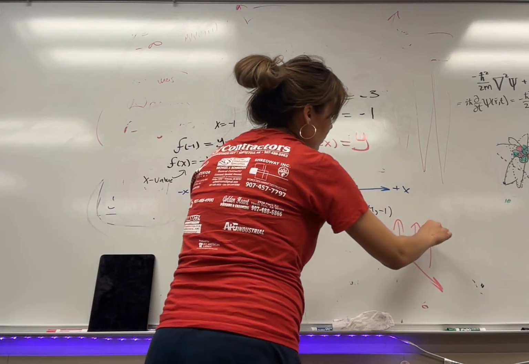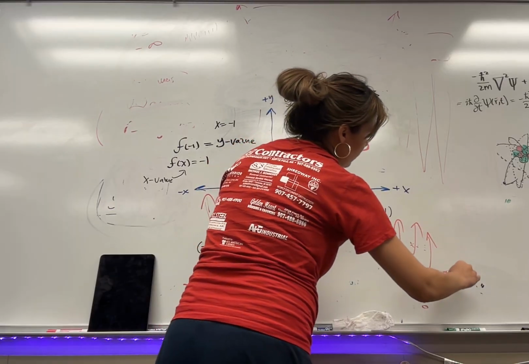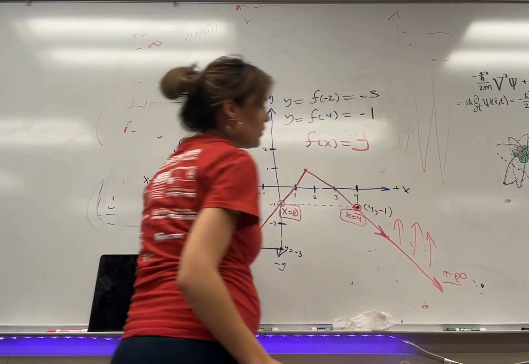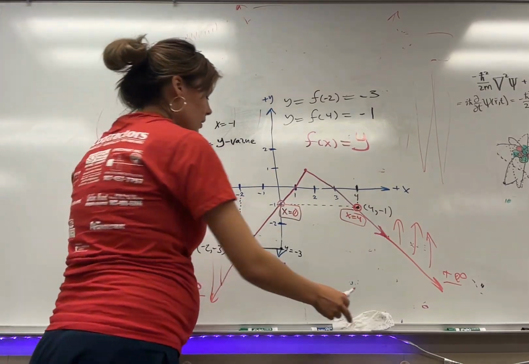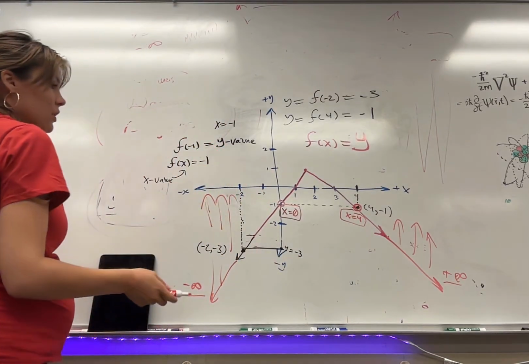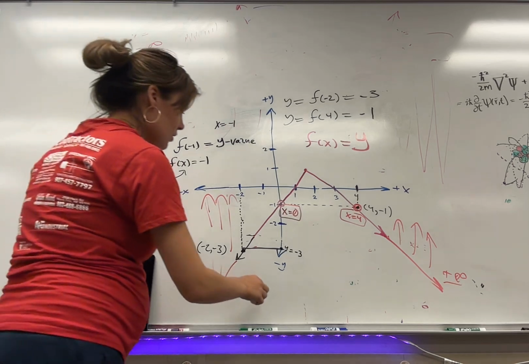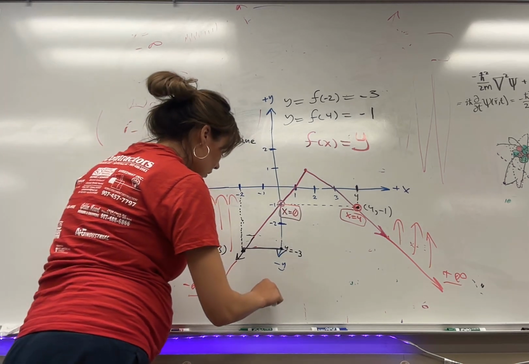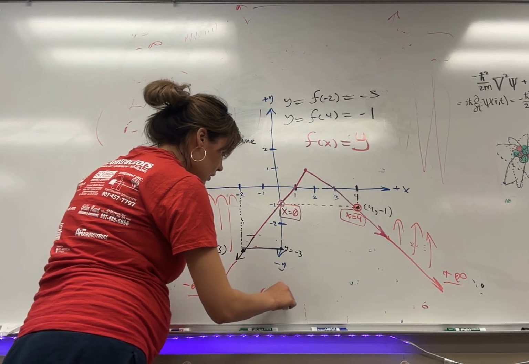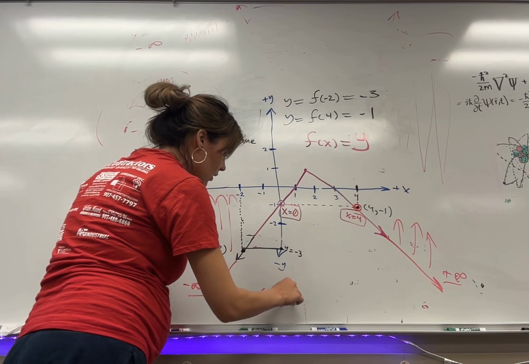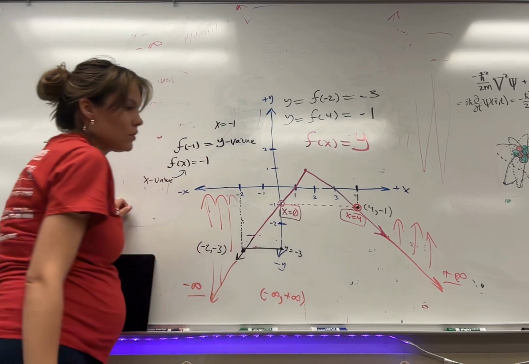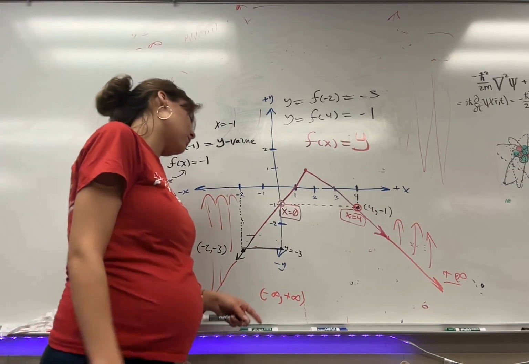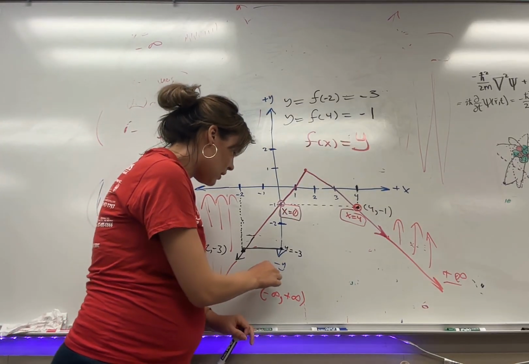Well, it's possible for it to go all the way up to positive infinity. And so our domain, which is our possible x values that our function can take in, is going to be equal to negative infinity to positive infinity. You might not need to write that positive sign. Definitely need to write the negative sign. So this is the domain.